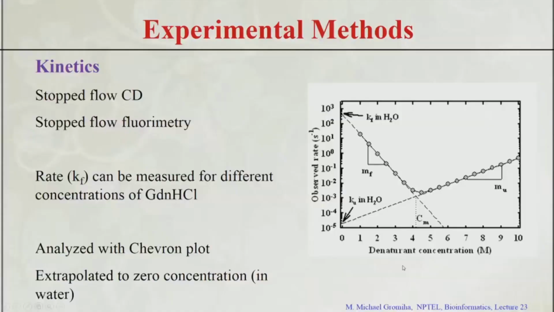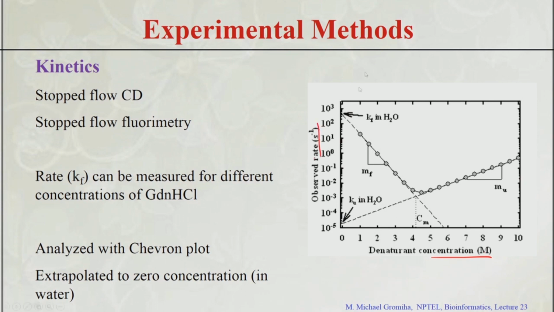There are various methods to get this folding rate, mainly stopped-flow CD and fluorimetry. This will give you the rate at different concentrations. For example, here on the x axis we give the different concentrations of guanidine hydrogen chloride, and on the y axis we show the observed rate.